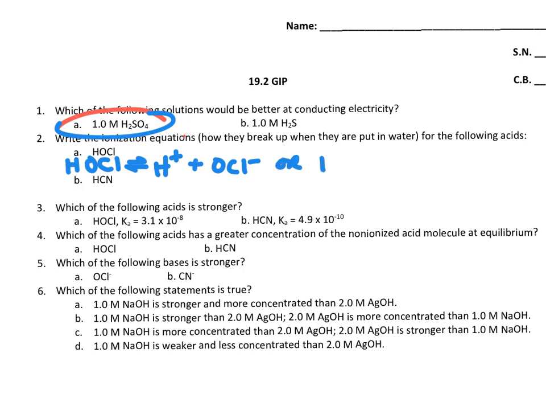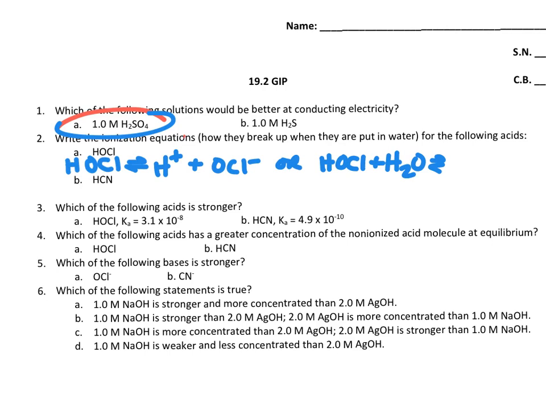The other thing we can do is put HOCl and water as our reactants, because really the acid is only going to break up in water. If I have HOCl in a glass container, no access to water, it stays as the molecule. But once I put it in water, that's when it can donate protons.